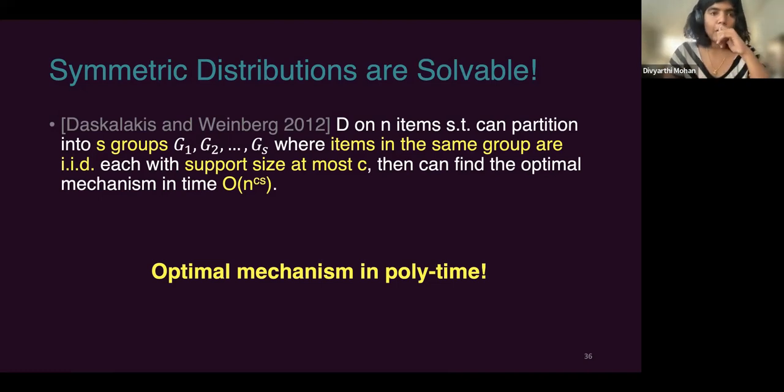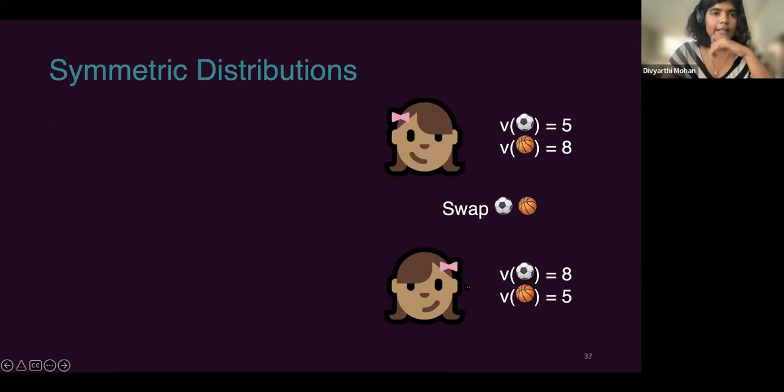So what do I mean by symmetric distributions? Let's look at a toy instance to have some intuition. Consider a buyer type from the distribution whose value for the soccer ball is 5 and her value for the basketball is 8, and consider a different buyer type with swapped values.